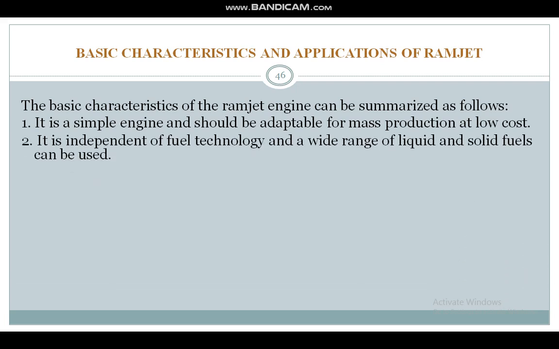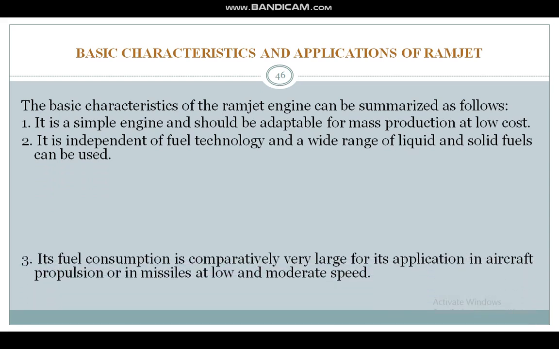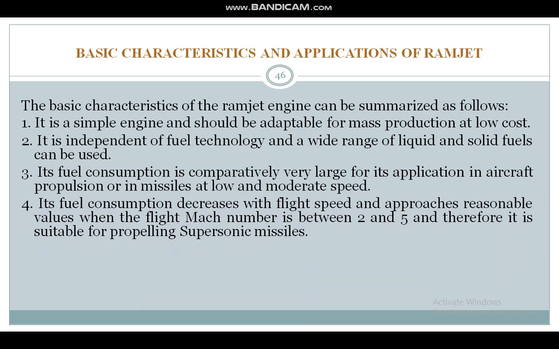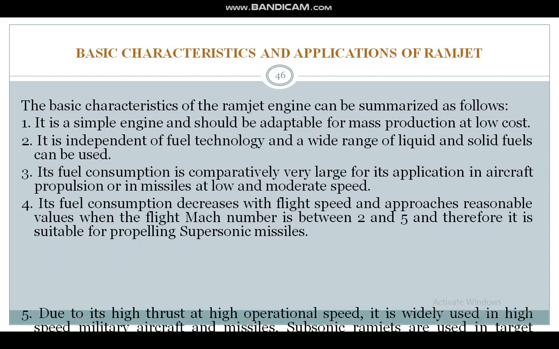It is independent of fuel technology and a wide range of liquid and solid fuels can be used. Its fuel consumption is comparatively very large for its application in aircraft propulsion or in missiles at low or at moderate speed. Its fuel consumption decreases with flight speed and approaches reasonable values when the flight Mach number is between 2 to 5, and therefore it is suitable for propelling supersonic missiles.